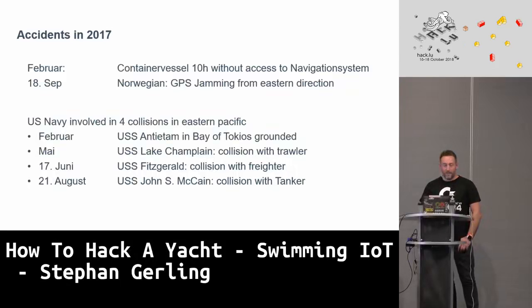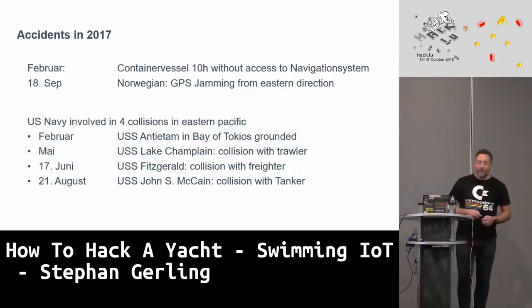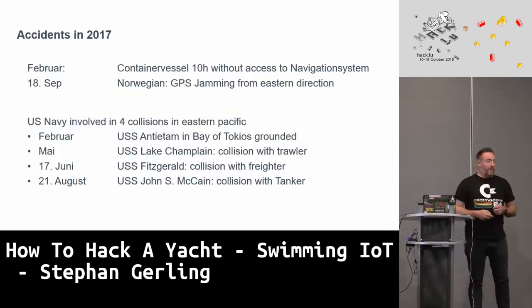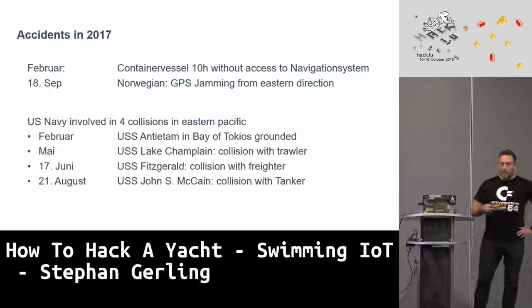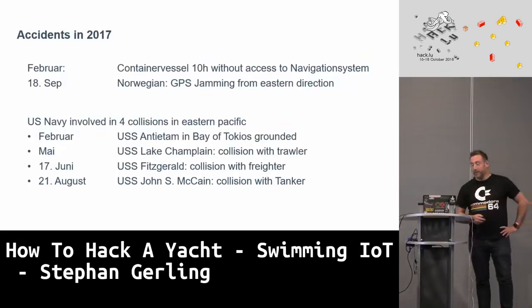So how could that happen? Quickly rumors came up that maybe someone has altered navigation systems or hacked into them, or spoofed GPS signals. So maybe there is something really interesting going on.